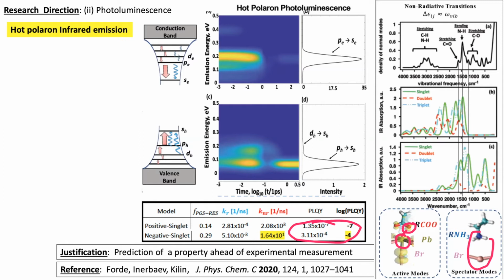What was interesting to observe that the excited polaron emission for negative charge injected, like negative polarons, had photoluminescence quantum yield about 3 orders of magnitude higher than positive. It's 3 orders of magnitude in comparison, but both are very small numbers. And the rationalization of this observation is that the positive polaron, the electronic states in the valence band are closer spaced, and they fall into very tight, very good resonance condition with nuclear modes frequencies.